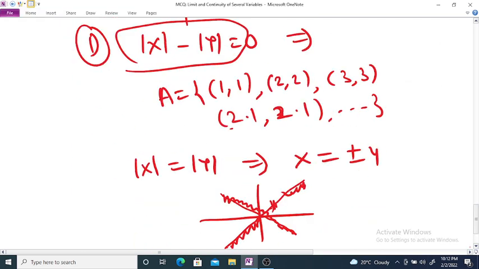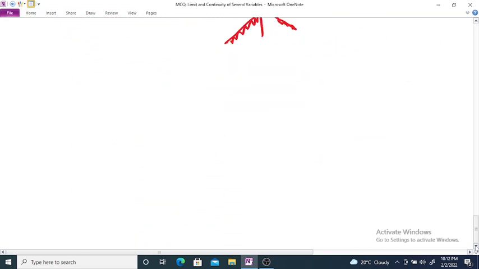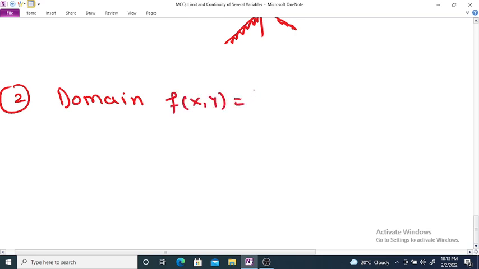Next, if we consider the next example, find the domain of the function f of (x, y) equal to log of mod of x square plus y square.